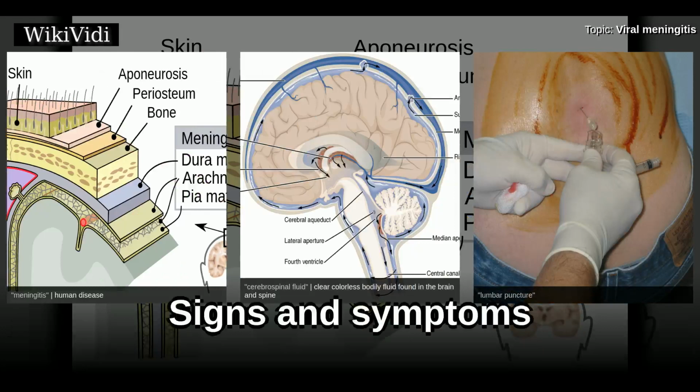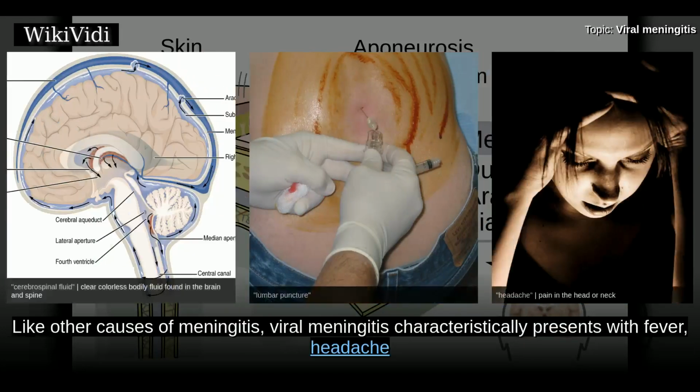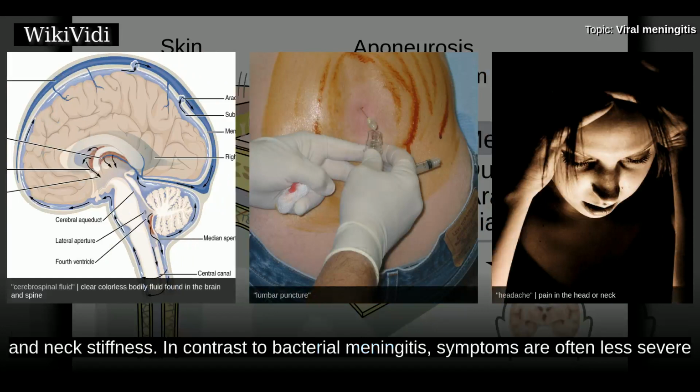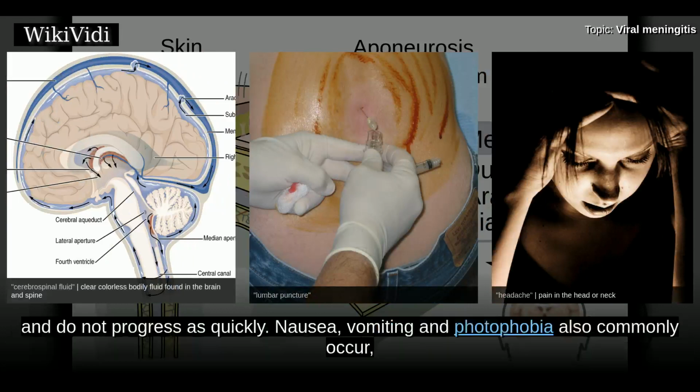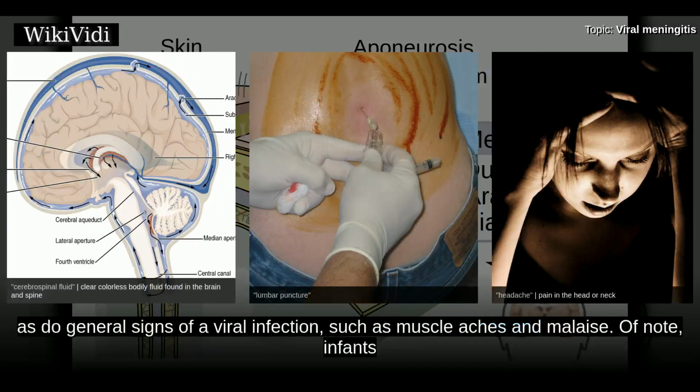Signs and symptoms. Like other causes of meningitis, viral meningitis characteristically presents with fever, headache, and neck stiffness. In contrast to bacterial meningitis, symptoms are often less severe and do not progress as quickly. Nausea, vomiting, and photophobia also commonly occur, as do general signs of a viral infection such as muscle aches and malaise.